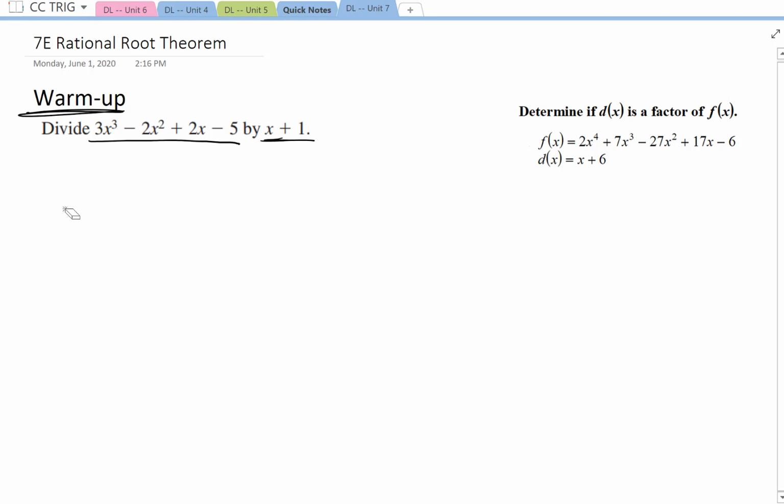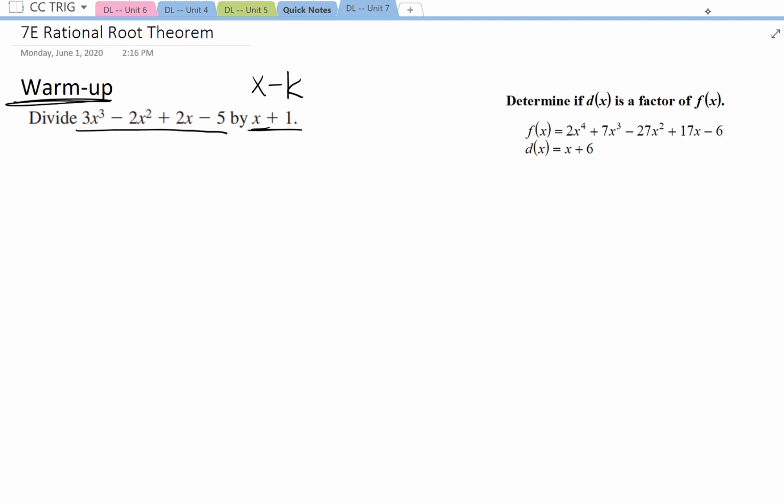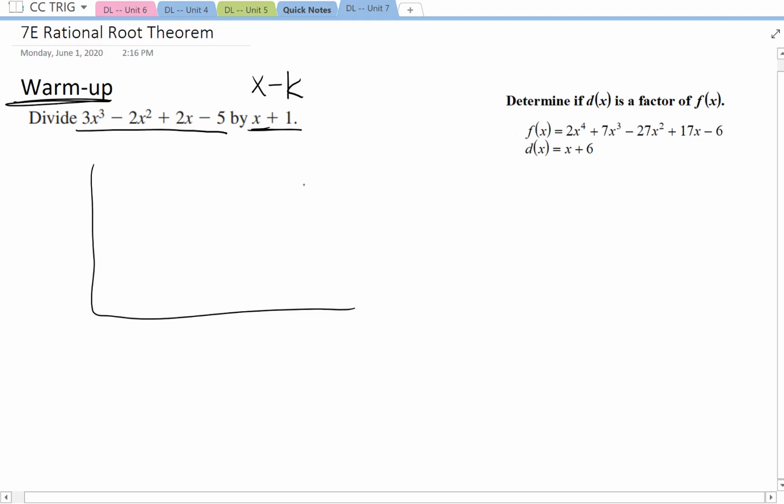But because this is in the form x minus k, this one is ideal for synthetic division because there's no number in front of our x. And synthetic division is for dividing a polynomial by x minus k. So when we divide synthetically, we'll put k out here, and then the coefficients of this polynomial will go inside: 3, -2, 2, -5.